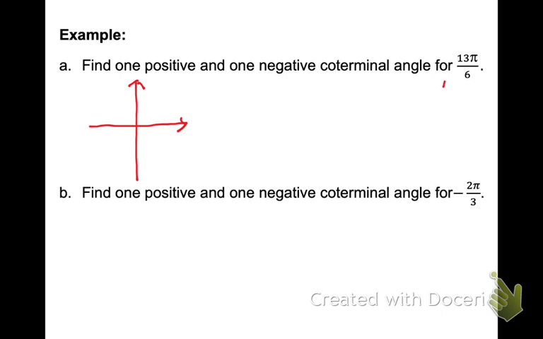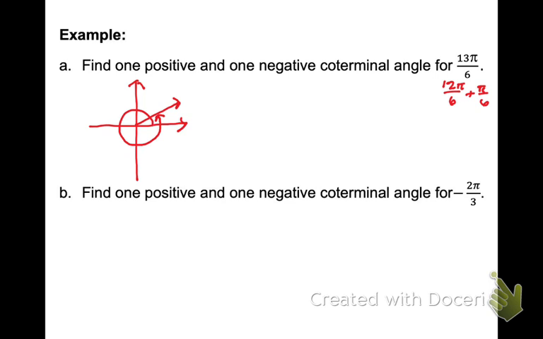So again, that's 12 pi over 6 plus pi over 6. So it's going to be here, but I have to go all the way around and then some, don't I? Okay, so I'm in radians, so I'm going to be adding, subtracting 2 pi. Correct? Yes. Okay.